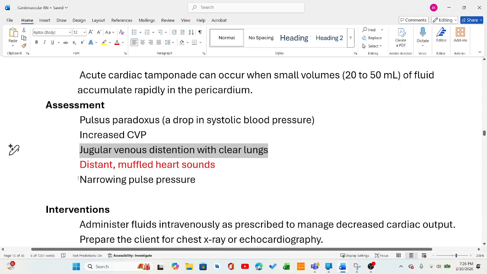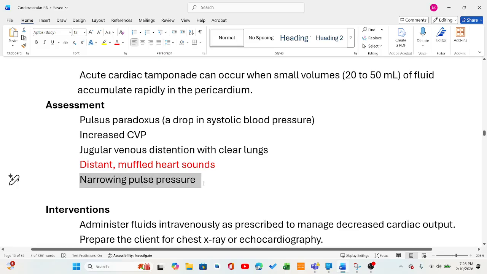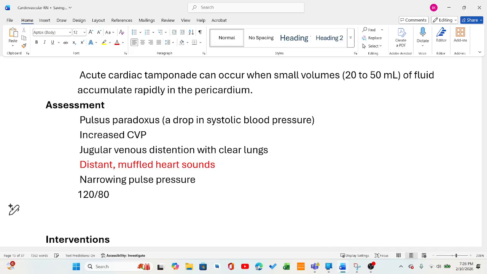And again, since there's a fluid buildup, when you listen to the patient's heart sounds, you'll be hearing a distant heart tone. So always remember that. And then there's going to be a narrowing of the pulse pressure. When we talk of pulse pressure, for example, when I have a blood pressure of 120 over 80, my pulse pressure is going to be the systolic, which is 120, minus the diastolic, which is 80, and then I'll get 40.